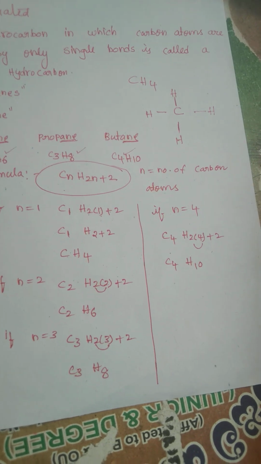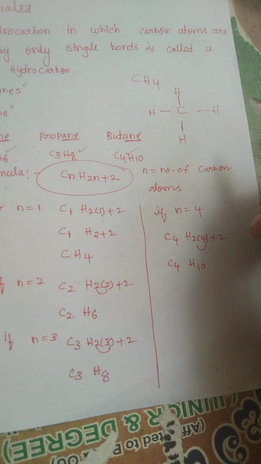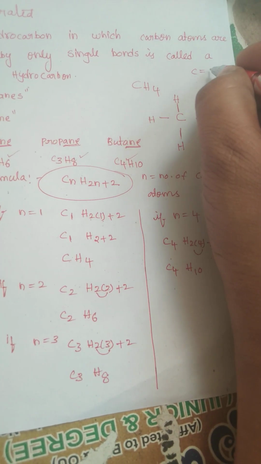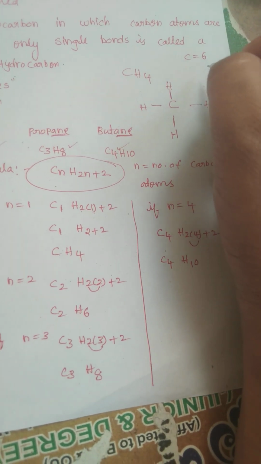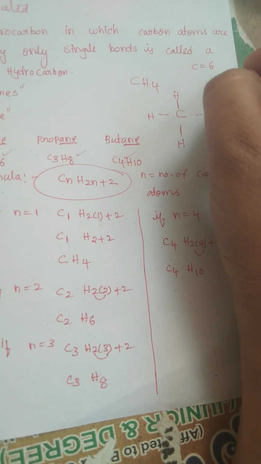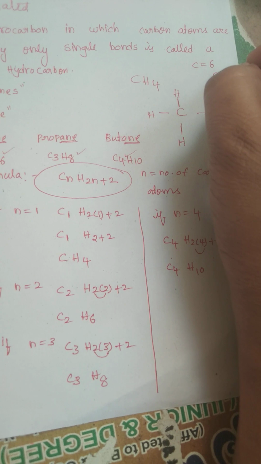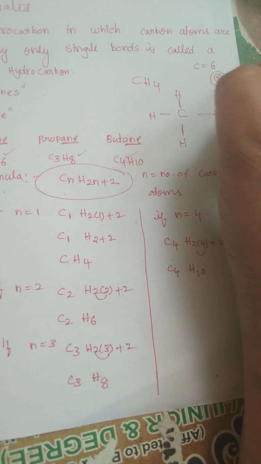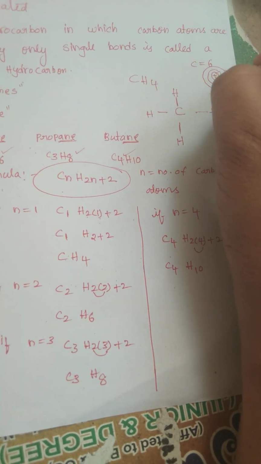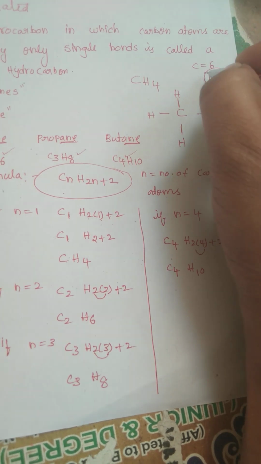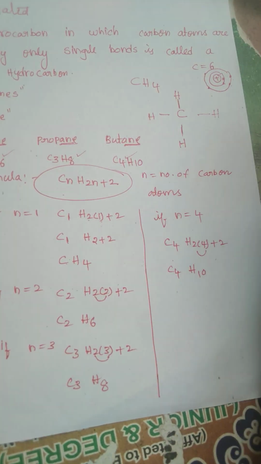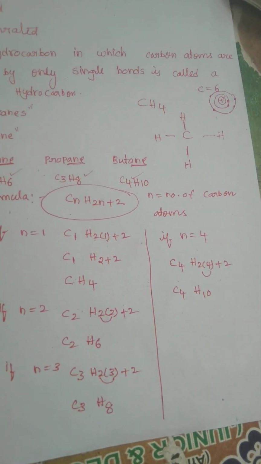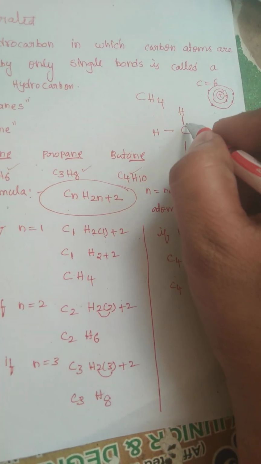You know the atomic number of carbon is 6. In the first shell it has 2 electrons, whereas in the outermost shell it has 4 electrons, total 6 electrons. I mean the valency of carbon is 4.